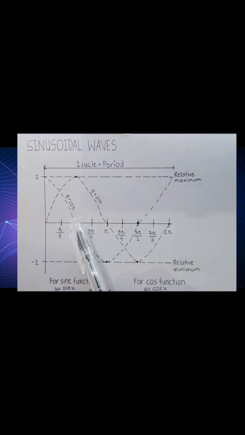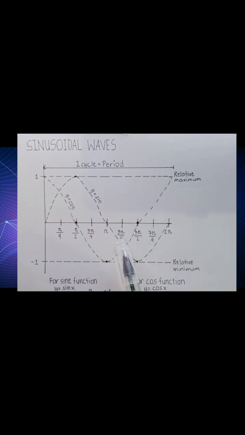So yeah, that is our x-axis. For the cos, the first step is pi over 2, and the third step is 3 pi over 2. The second step is pi. We have pi over 4, pi over 2, 3 pi over 4, pi, 5 pi over 4, 3 pi over 2, 7 pi over 4, and 2 pi.